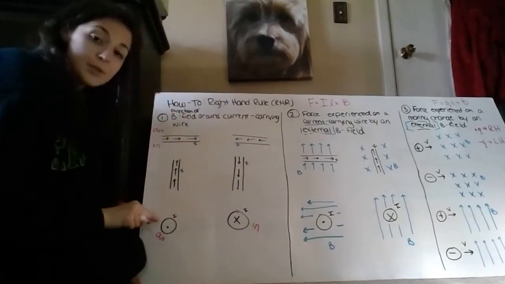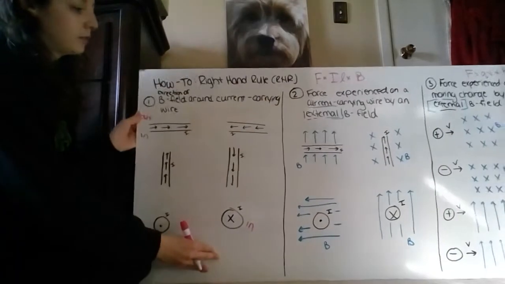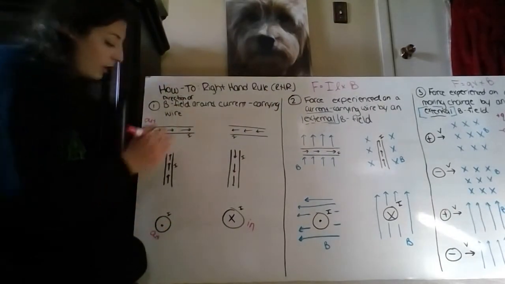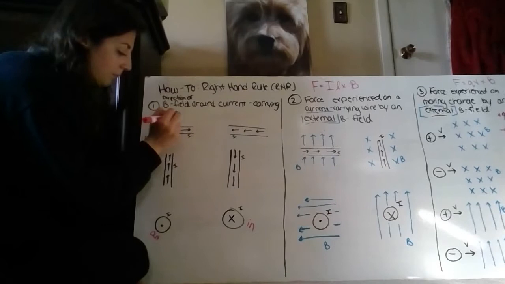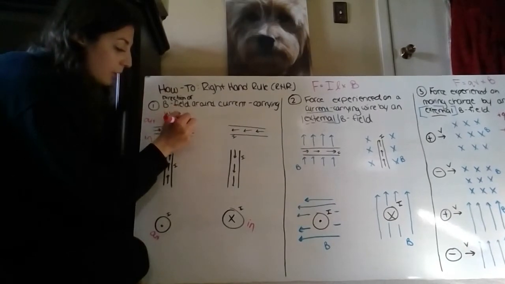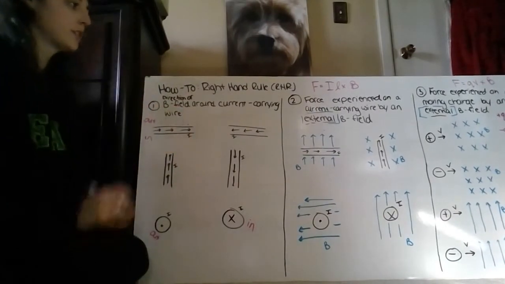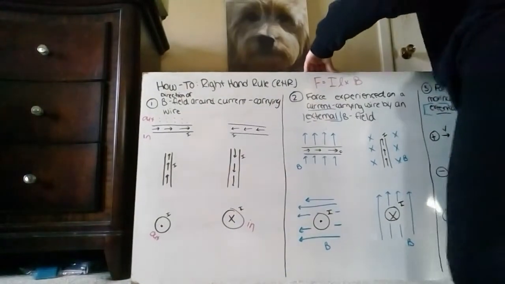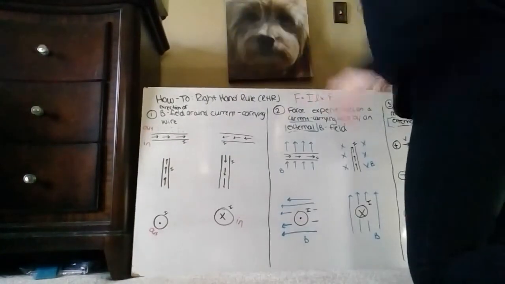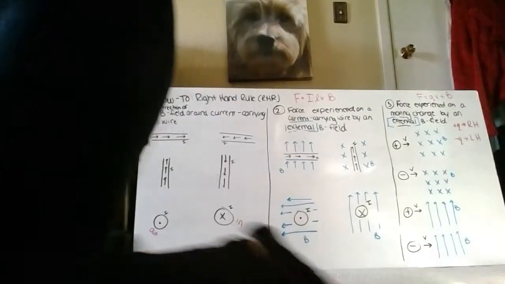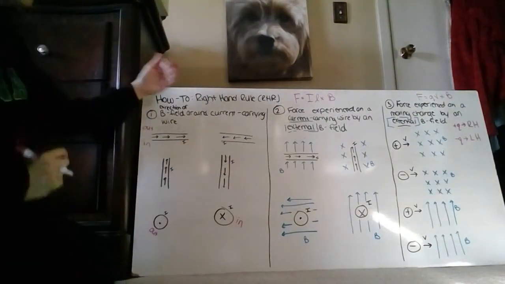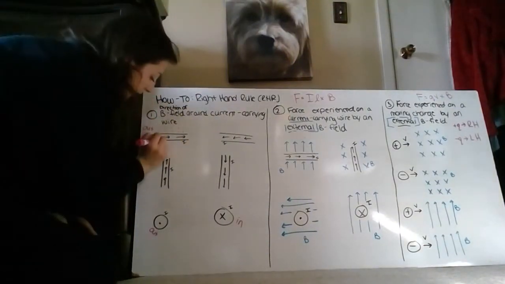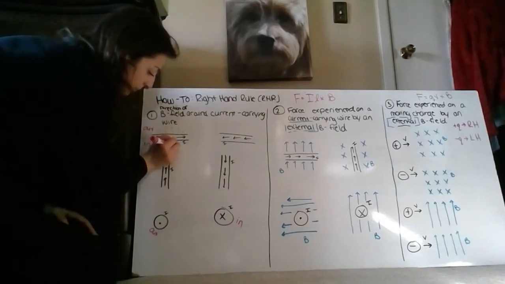Remember, our out symbol for magnetic field or current is a dot, so I'm going to draw dots. As long as there's a dot, that's all that really matters. So we have out of the board on top of the wire, and magnetic field going in on the bottom of the wire.